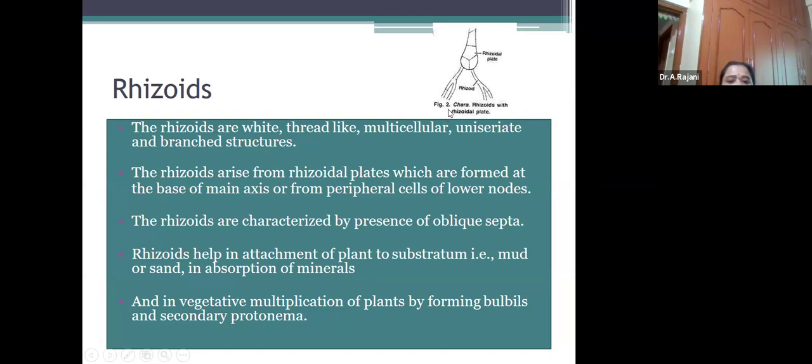They help in attachment of the plant to the substratum, that is mud or sand, and in absorption of minerals also. At the vegetative reproduction time, they help in multiplication of plants by forming bulbils and secondary protonema. This is the function of the rhizoids. I think you have understood the rhizoids.